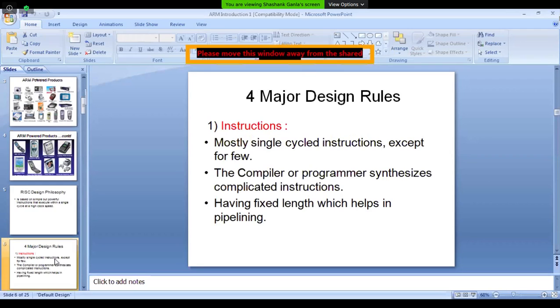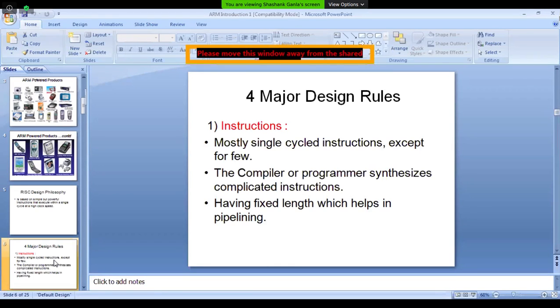So there are 4 major design rules whenever we're talking about the RISC architecture. One of the major design rules in RISC architecture is instructions. In CISC architecture, you have lots of instructions, but in RISC architecture, you have fewer instructions. These fewer instructions are mostly single-cycle instructions. The RISC architecture designer will keep in mind that the instructions complete their execution mostly in a single cycle.